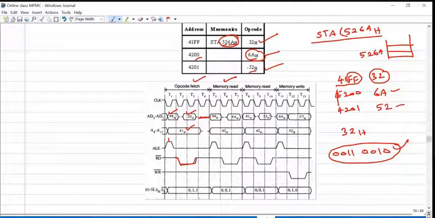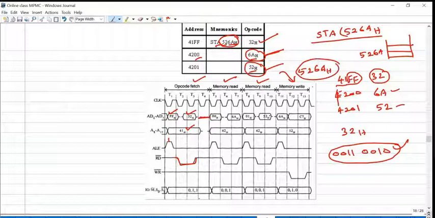From 4201, the processor will read 52. So this is the memory read operation. Finally, once the processor has the information about this 16-bit address, the accumulator content will be written into memory location 526A. This is the entire operation.